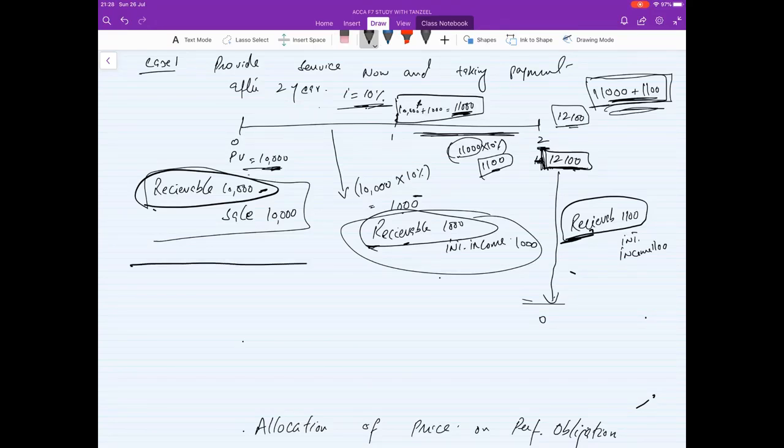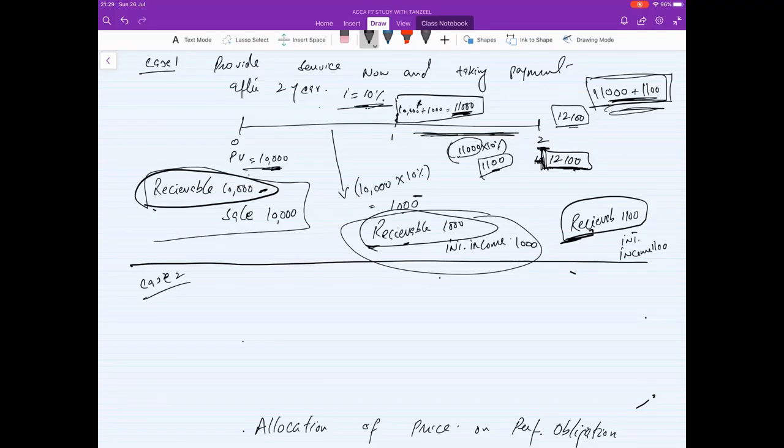I will change the question. Now case 2: what if you pay me now and I will give you the service in 2 years? I will reverse this question.